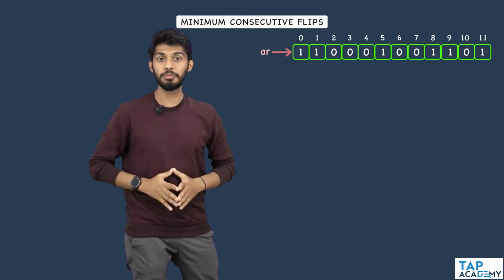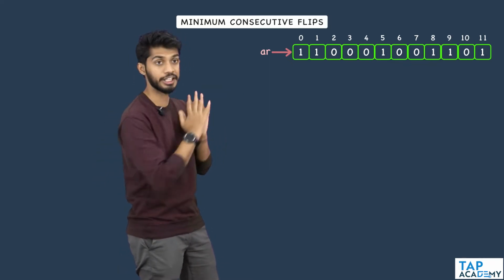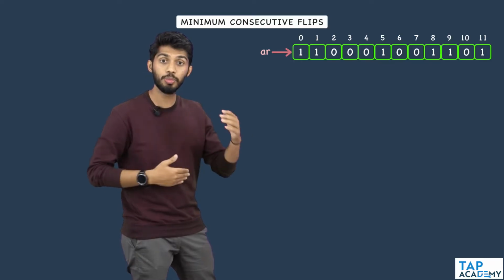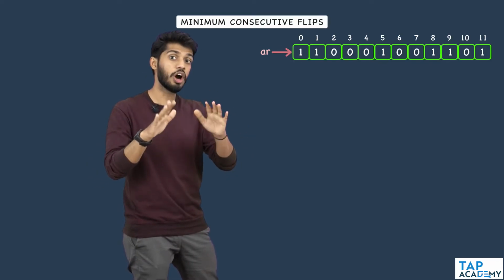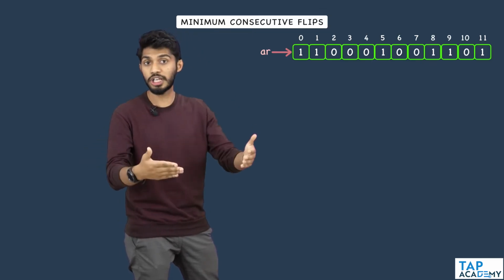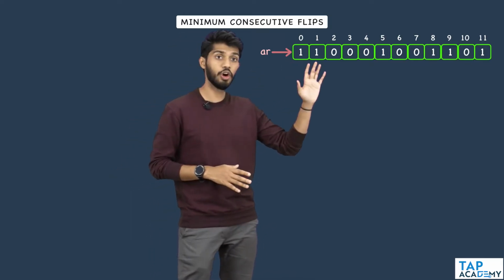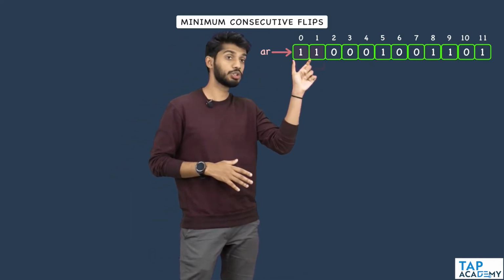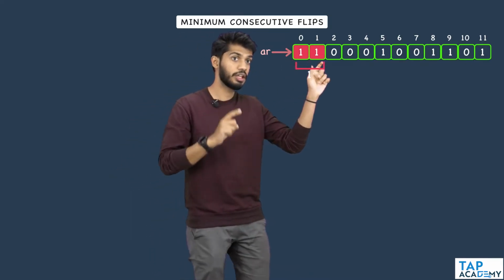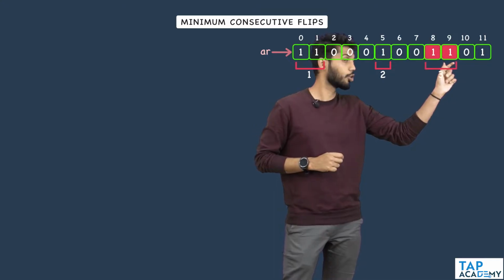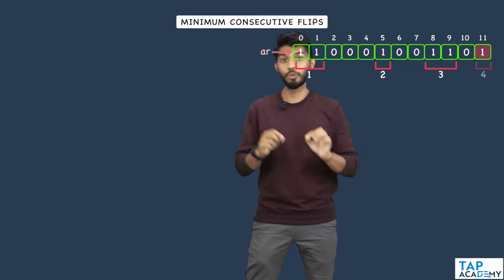In this particular example, we have multiple groups of zeros and multiple groups of ones. Let me count how many groups of zeros and how many groups of ones there are. This is the first group of ones, this is the second, this is the third, and this is the fourth group of one.